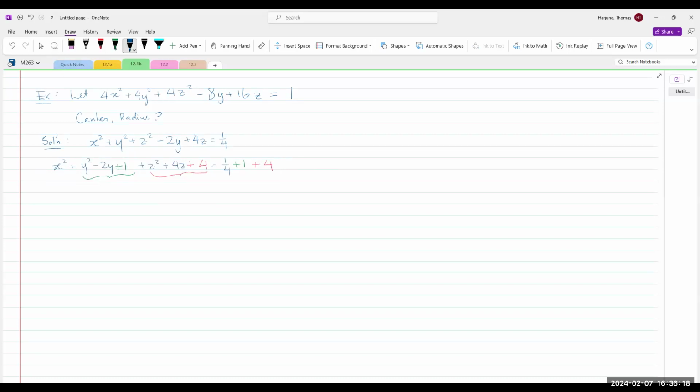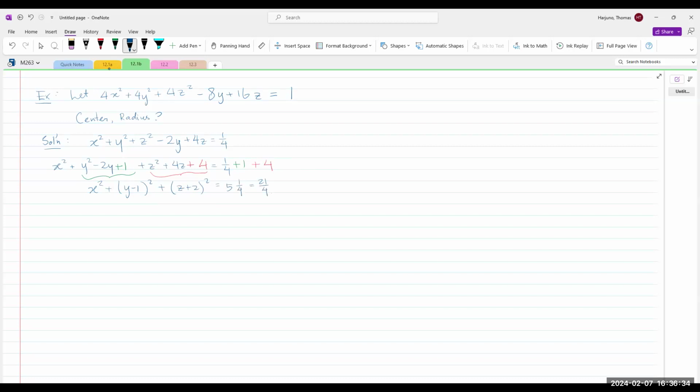Now then, I have x squared plus (y minus 1) squared plus (z plus 2) squared equals 5 and 1/4, which is 21/4.